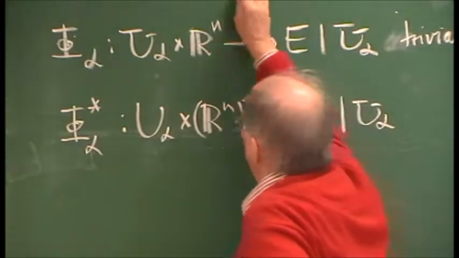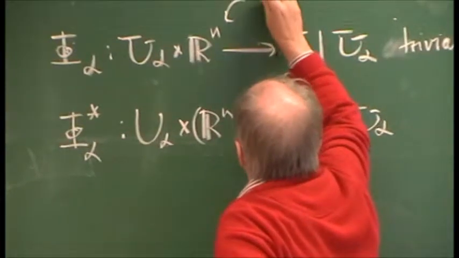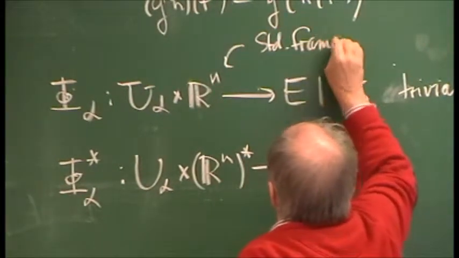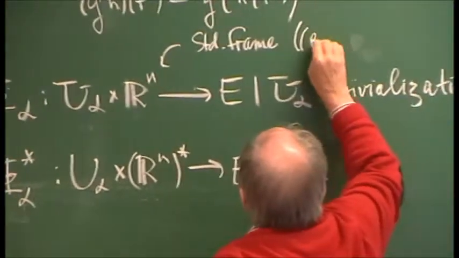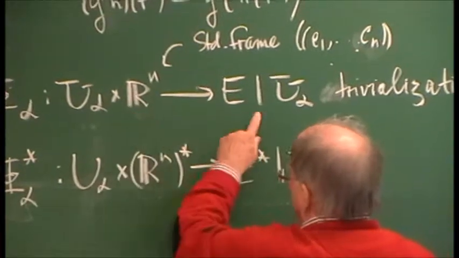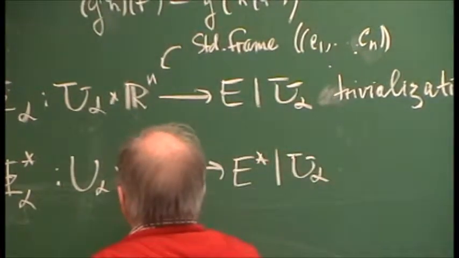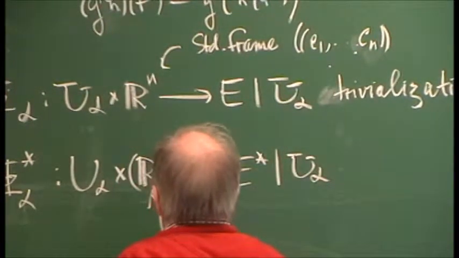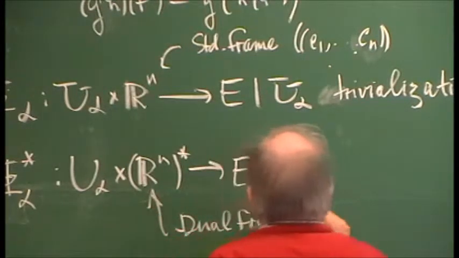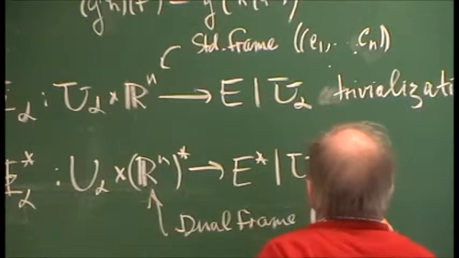Okay. So here you have the standard frame, e1 through en. Here, and here you have the dual frame, f1 through fn.